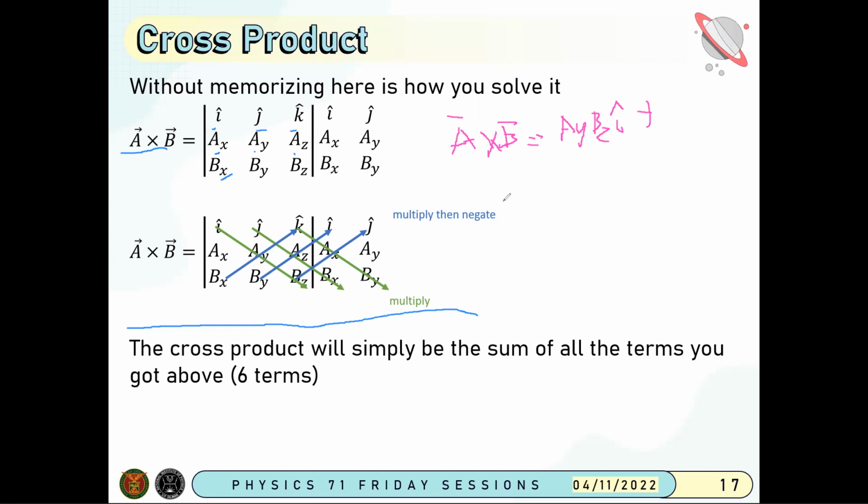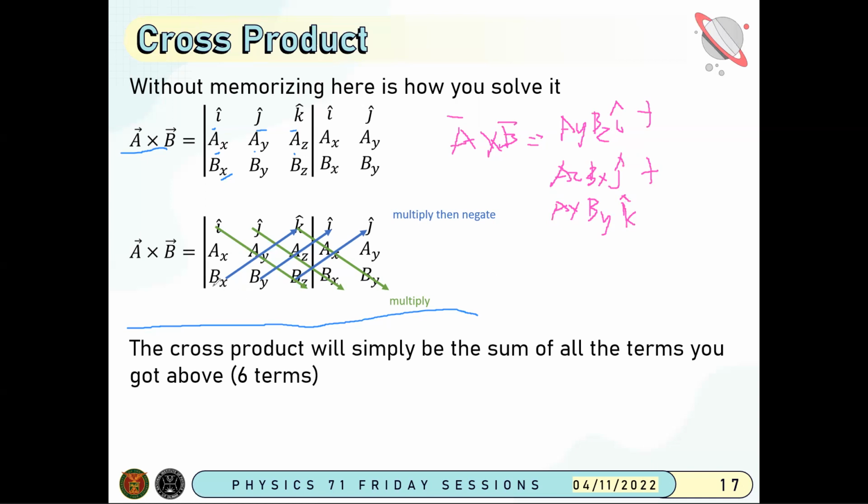You have plus AZ BX, this is BX, J hat, right? Plus, you have AX BY K hat.